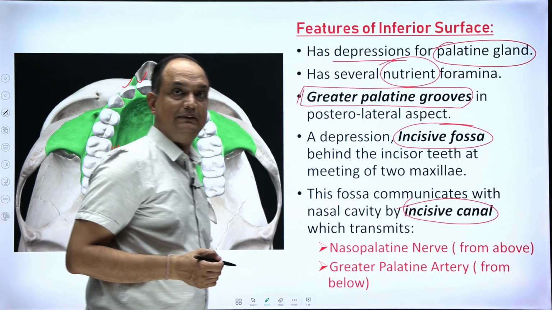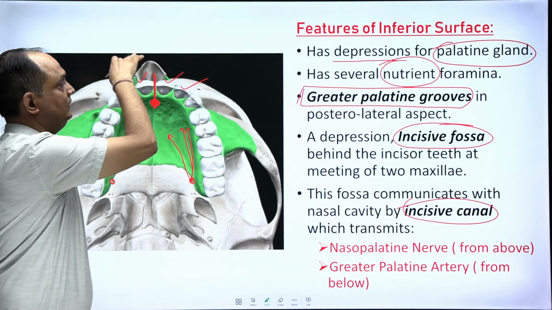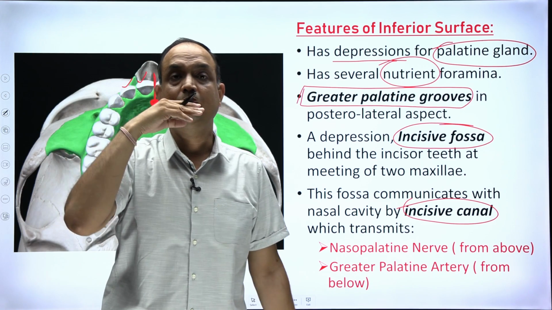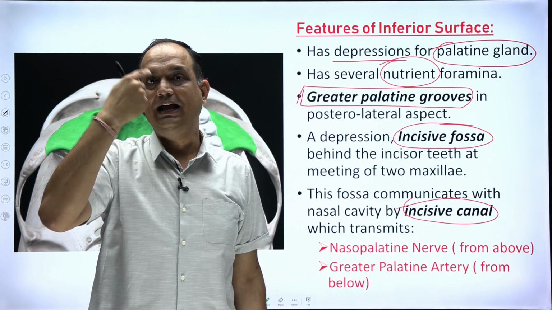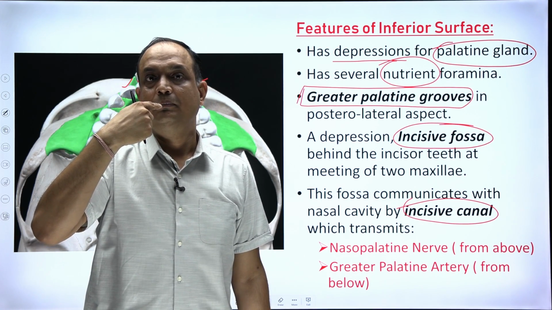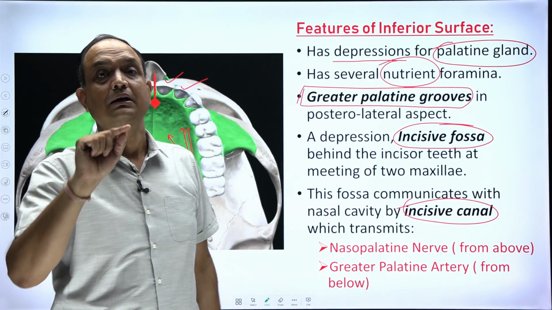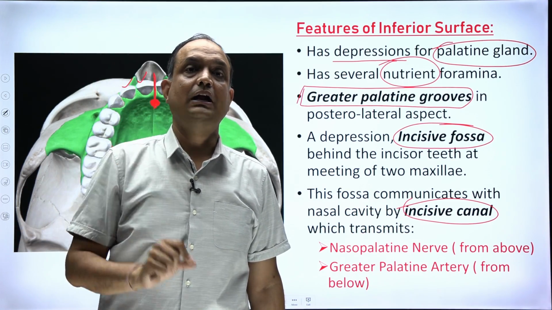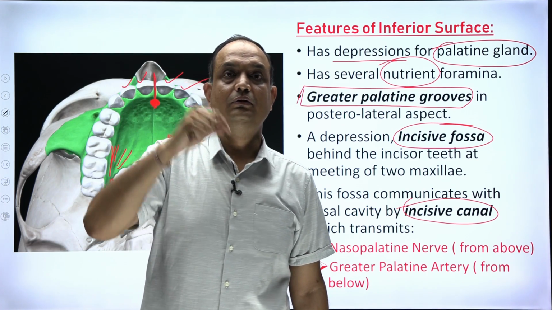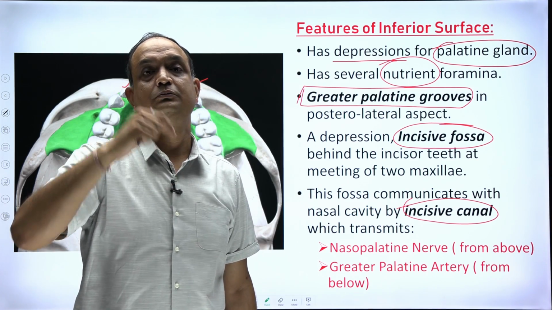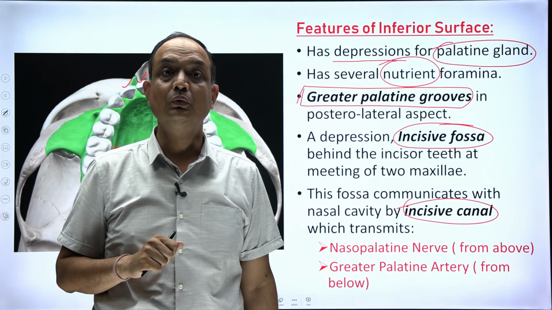What is happening basically is that above you have the nasal cavity, and below you have the oral cavity. Generally you don't have a communication, because although a canal is present, it is not open. That communication is blocked because it is covered by the mucosa.